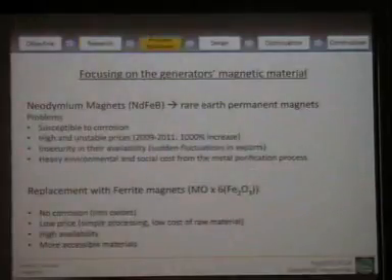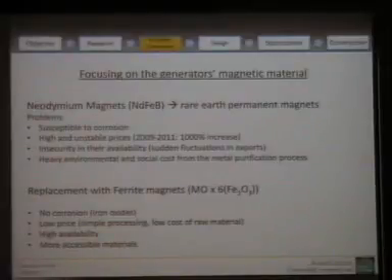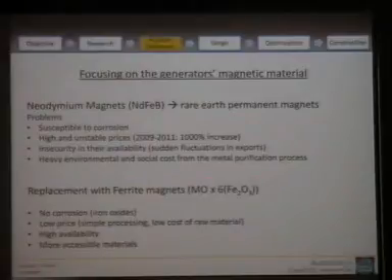Wanting to investigate more the magnet corrosion, we focused our research on the generator's magnetic material. During the last decades, the majority of AFPM generators are built with neodymium magnets, which, although very powerful magnets, are associated with several problems. They are very susceptible to corrosion.